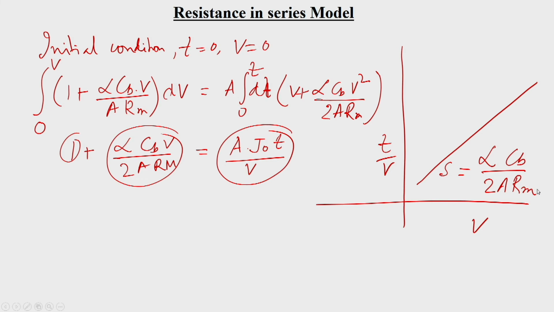From there, R m is known, C b is known, and the area is known, so we will get alpha. So, using this resistance series model, we will be able to calculate all the resistance values, then add them, and from there calculate the permeate flux values. Okay.